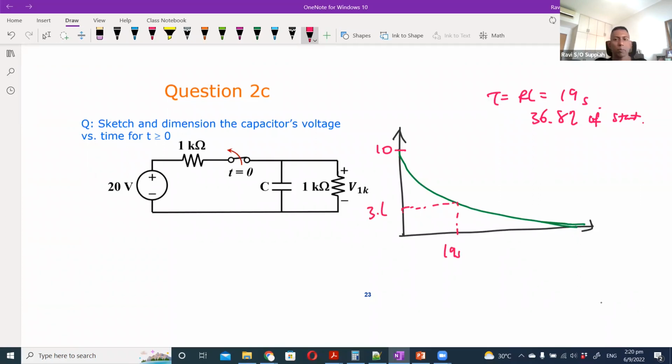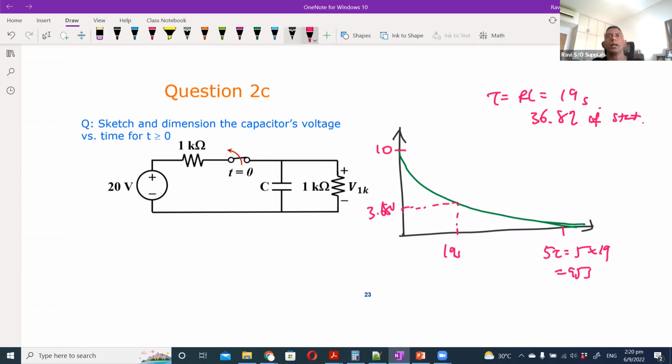You fall to 3.68 volts. At 5 tau, which is 5 times 19, 95 seconds, it is almost close to zero, 99 point something percent. You can look back at your slides.